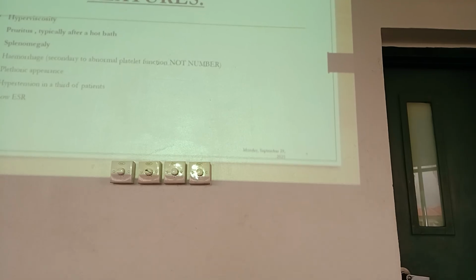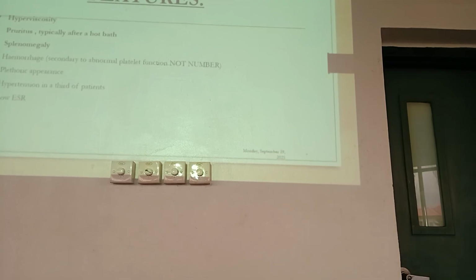Then there is hypertension, but because this disease is seen in the elderly, the median age of presentation is between 55 to 60 years. Hypertension is a disease of the elderly, so we are not sure whether it's the disease that is causing the hypertension or the hypertension is normal for that age.